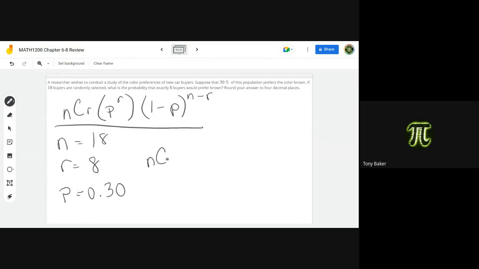So you're going to type in Desmos 18 comma 8, times 0.3 raised to the 8th power, times 1 minus 0.3 raised to the 18 minus 8 power.